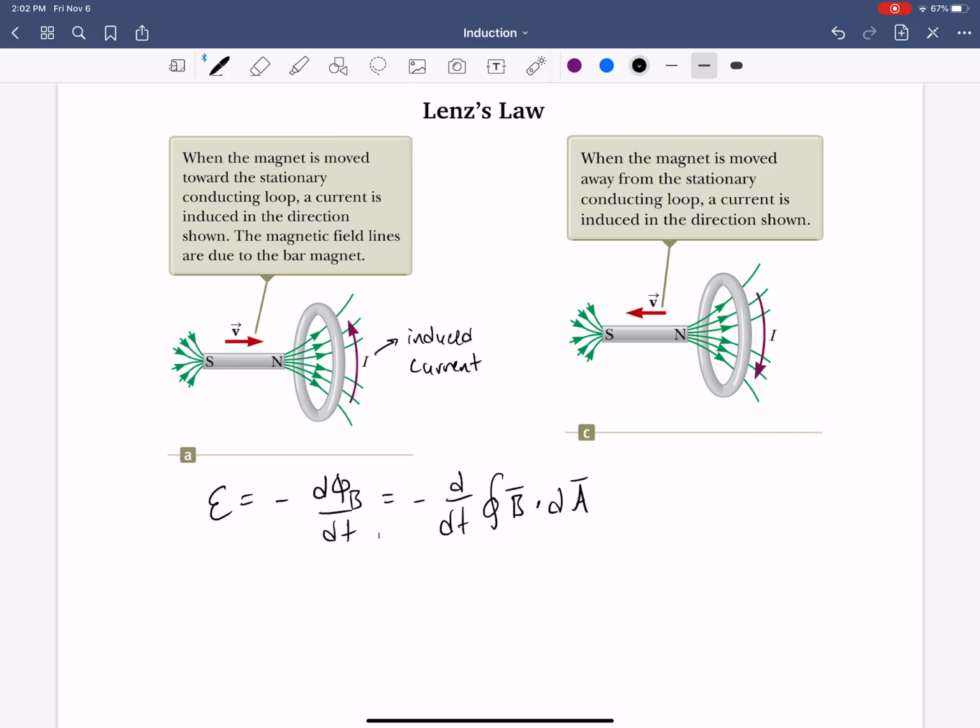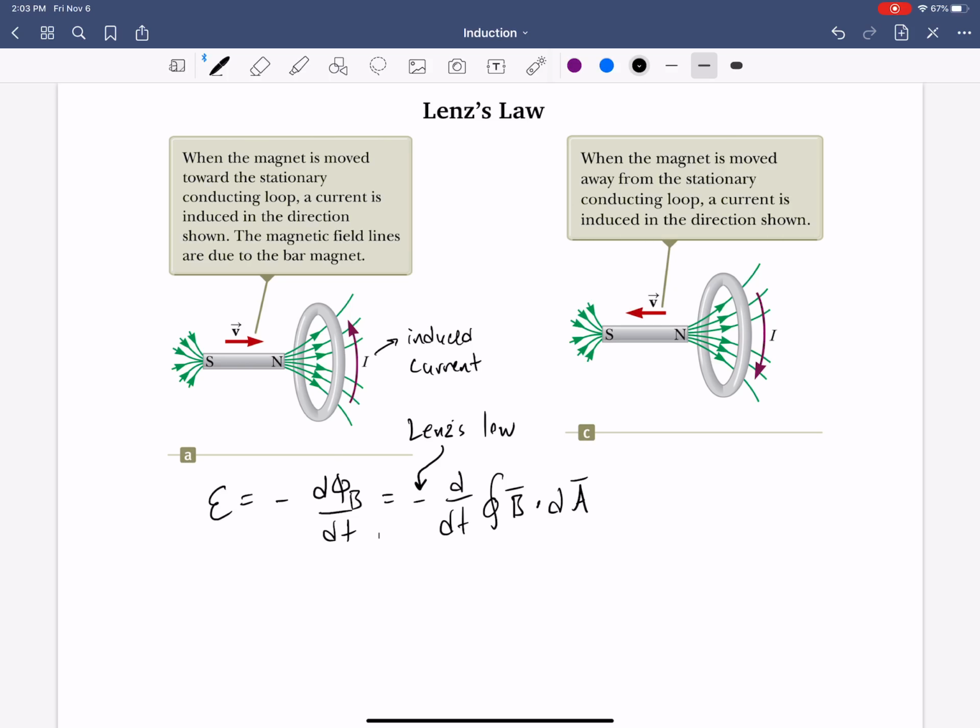Lenz's law is that minus sign right there. That's it. The rest of this expression is Faraday's law. So this is a minor but very important distinction and part of Faraday's law. And so this induced current is negative to what the right-hand rule should tell you.